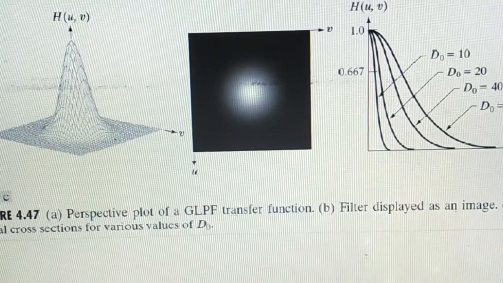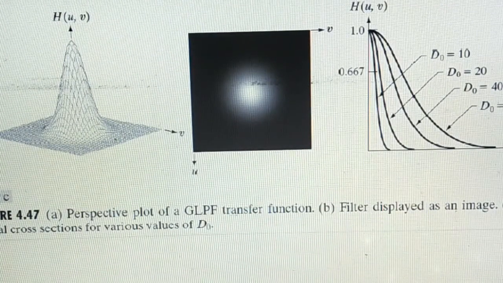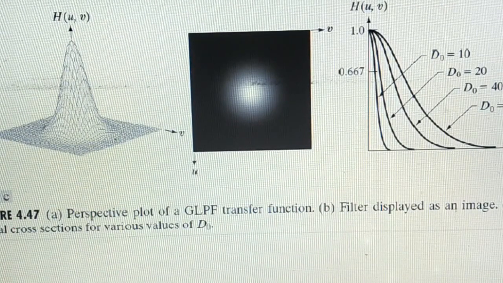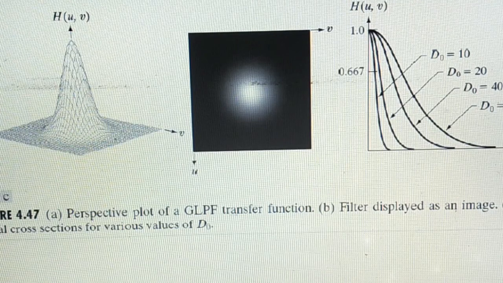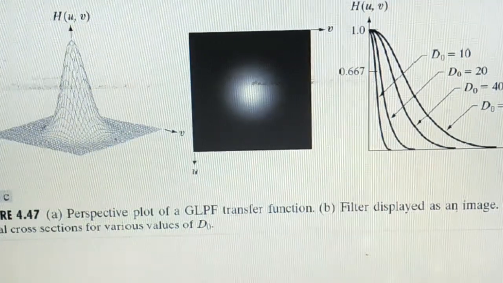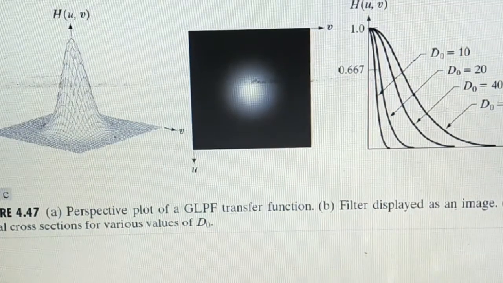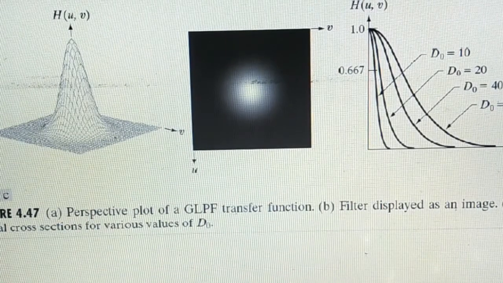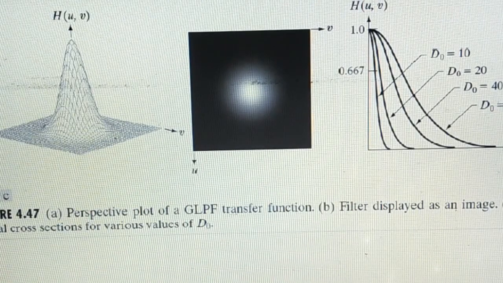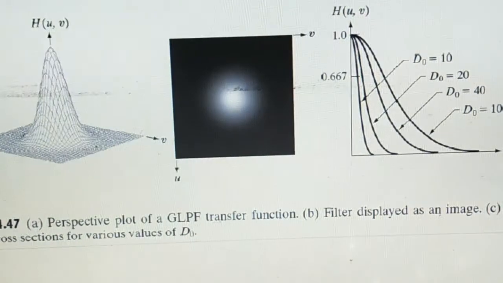If you look at the equation, D0 is taking the place of sigma, that is, the standard deviation in the original Gaussian function.